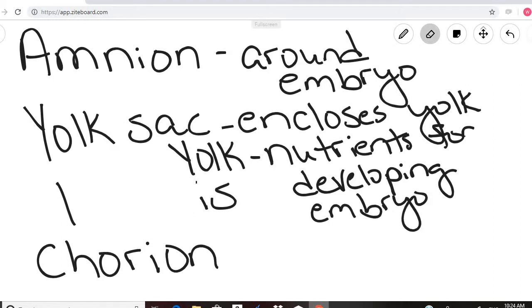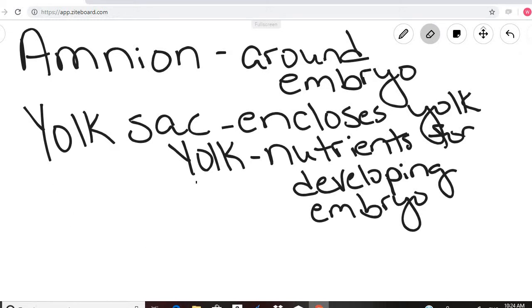So maybe I'll stop there with these first two. We're first going to look at two things in the amniotic egg. The first is called the amnion, and we'll see that it goes around the developing embryo. The developing animal is called an embryo, and the amnion is this sac that goes right around it.